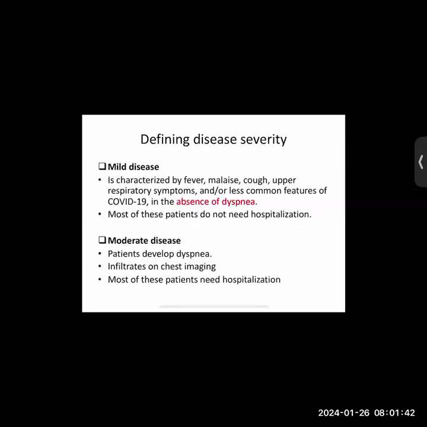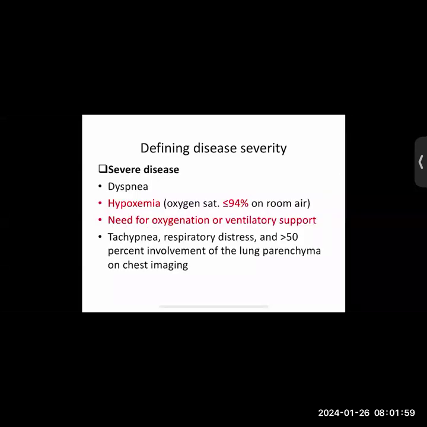So part of the management involves defining the severity of the disease in this patient. So a patient could have mild disease, moderate disease, or severe disease as indicated.